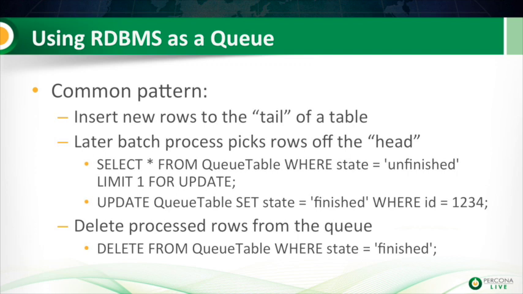We may even have multiple sessions doing this kind of processing in concert, as long as they're all picking off unlocked rows with a state of unfinished, then they can continue working. And then periodically, you may even prune the table by removing all the finished rows. Very common type of pattern for using databases.